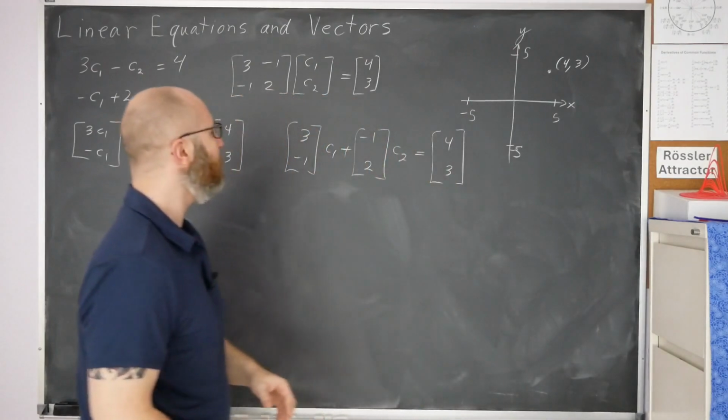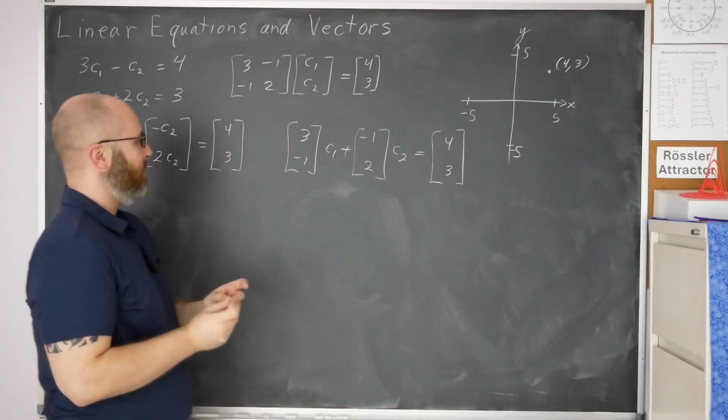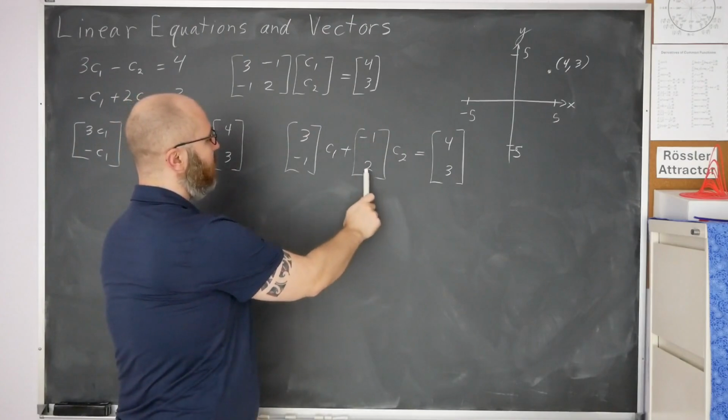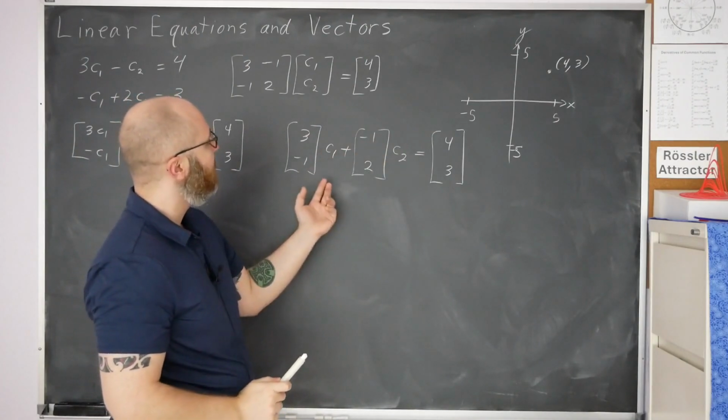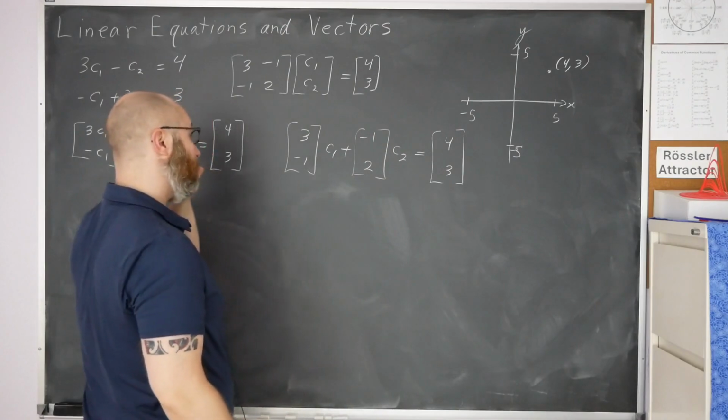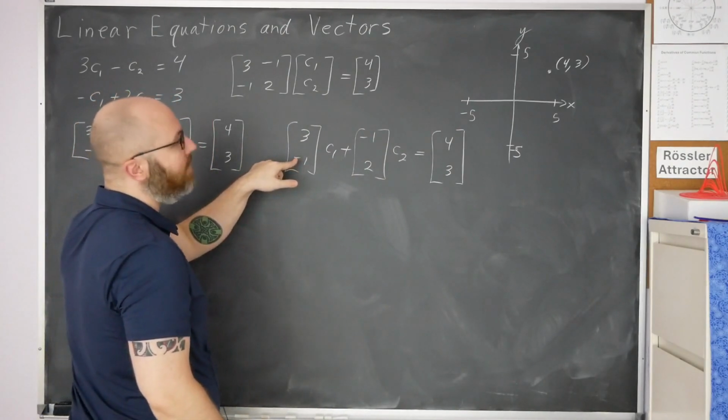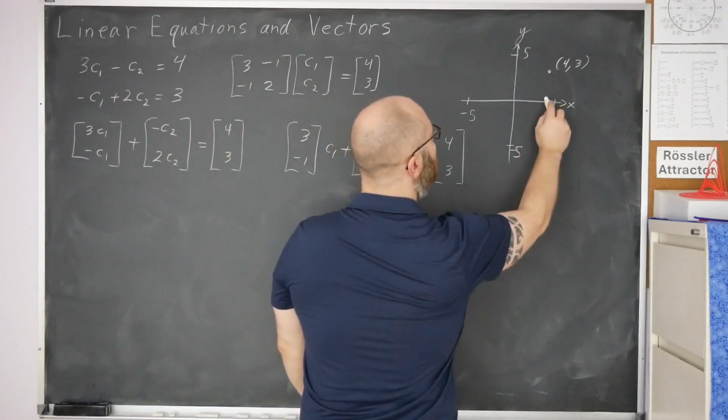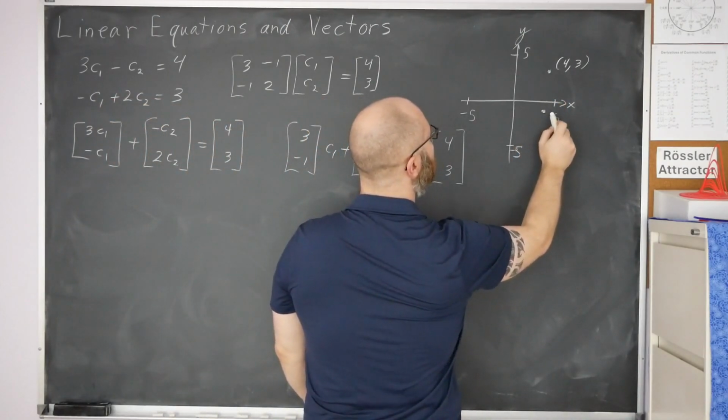I want to get to that point, and I have these 2 vectors. I have 3, negative 1, and negative 1, 2. I can multiply them both by a constant and then add them together. So 3, negative 1, all right, that would be like right here, I think.